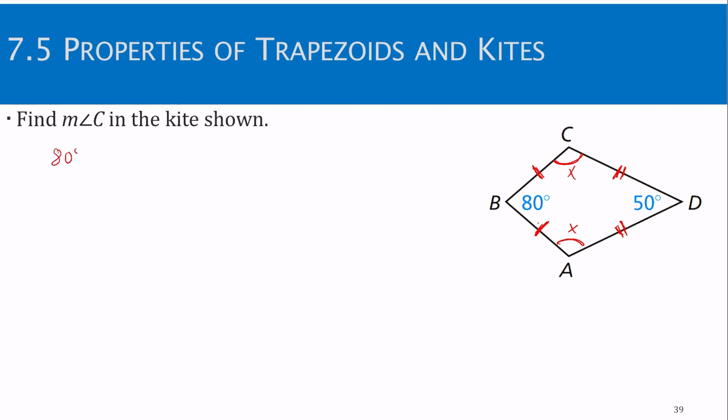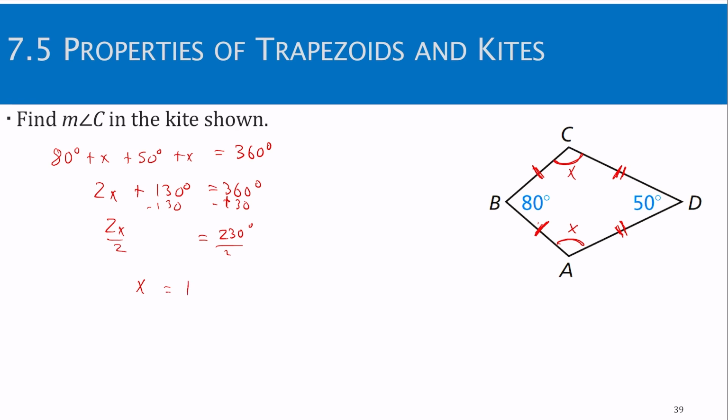If I add up all the angles in a quadrilateral, they have to equal 360. x plus x is 2x. 80 plus 50 is 130. Subtract the 130. Get 2x equals 230. Divide by 2, and x is 115 degrees. So the measure of angle C and the measure of angle A are 115 degrees.